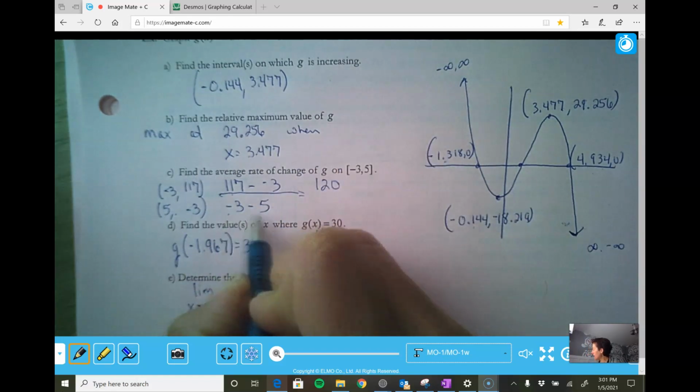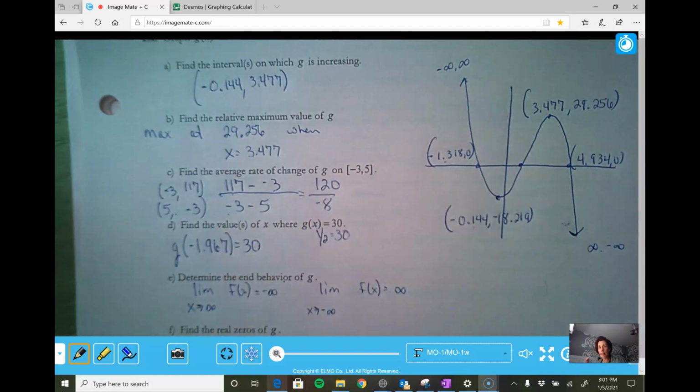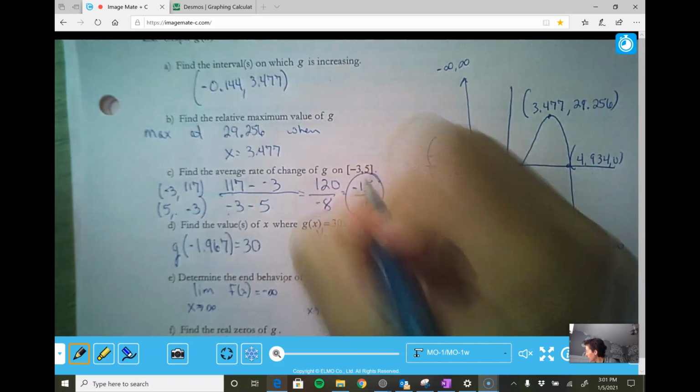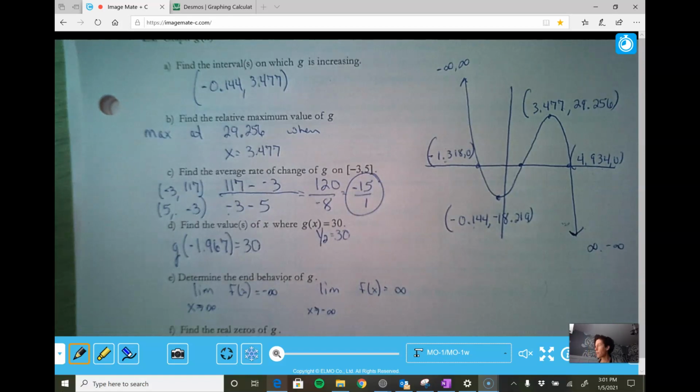And -3 take away 5 is -8. And again, an average rate of change just takes that down to 1. So I'm just going to divide those on my calculator, which you're not seeing, and I get -15/1. And then that's the final answer. So those are the rest of the notes from 4.1. That's it.